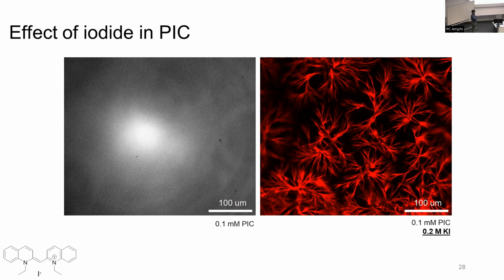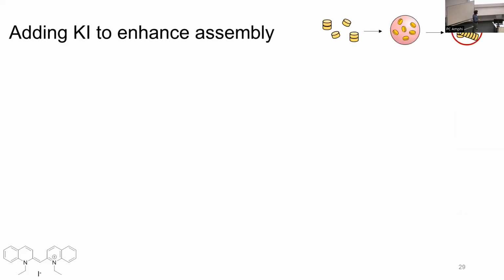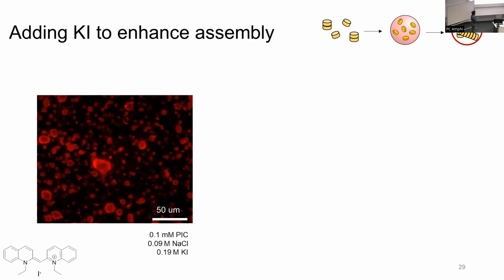You go from having the monomer in solution to have the polymer completely precipitated and making fibers. So she repeated the same experiment, but this time instead of using sodium chloride as the salt, she used a bit of sodium chloride and a bit of sodium iodide. And you get a similar result where you have hollow shells and that the polymer is in the hollow shells.